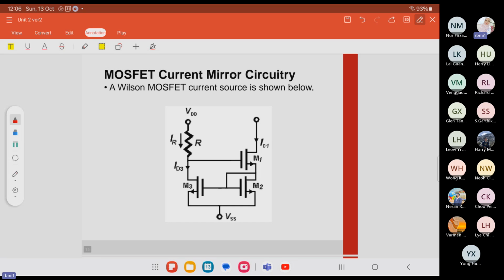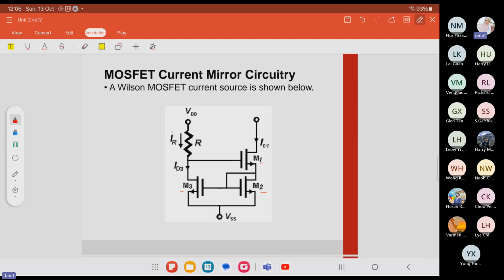Next is the Wilson MOSFET. Just now we had the Wilson BJT. Now we replace the BJT with the FET, the MOSFET, so we have M1, M2, and M3. It has improved output impedance compared to the earlier version where we used the BJT.